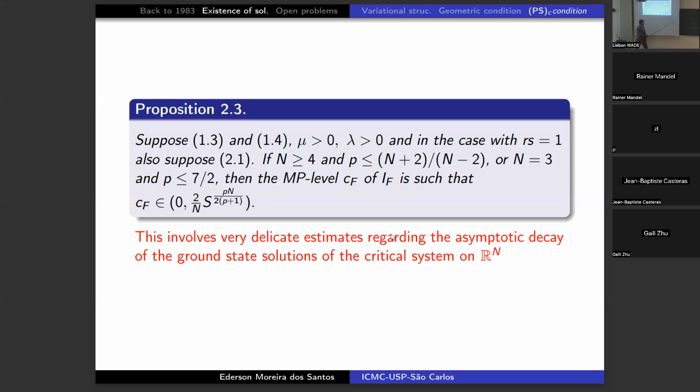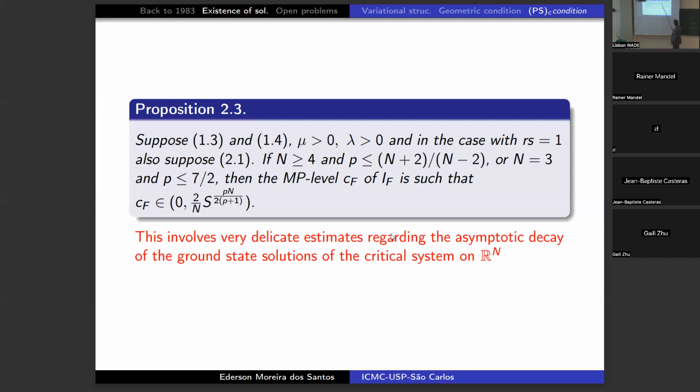Of course, the hyperbola is symmetric, so p is less than or equal to this number, or q is less than or equal to this number. So it's not a restriction, because one of the powers satisfies this. Suppose that we are in this part of the hyperbola.